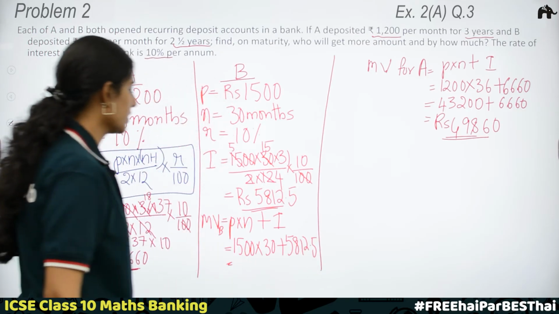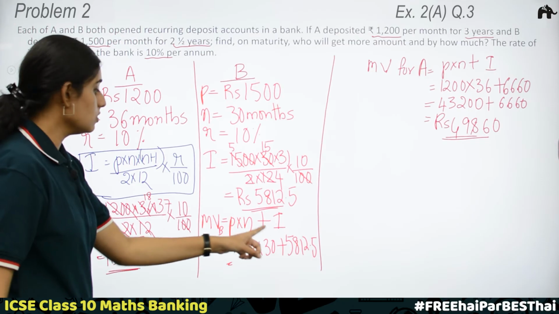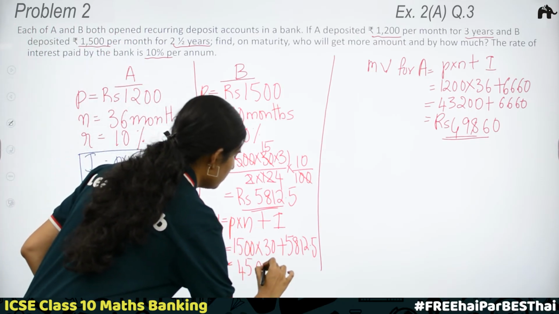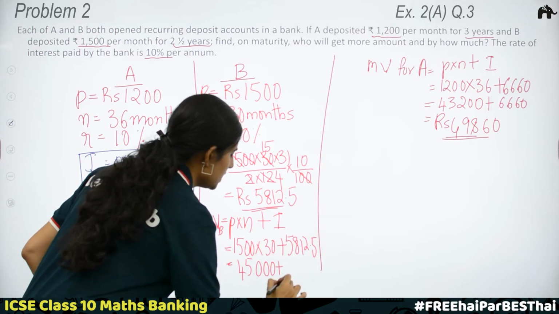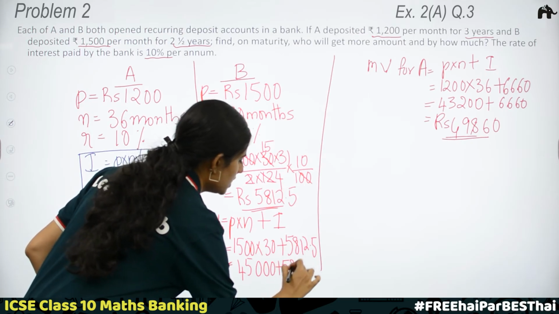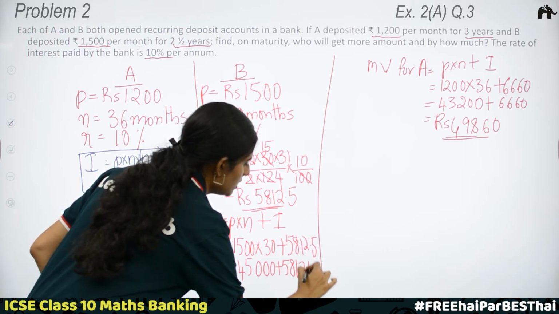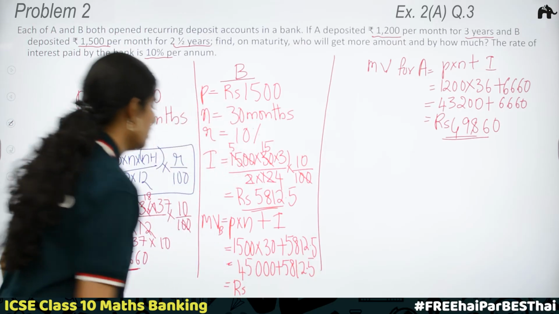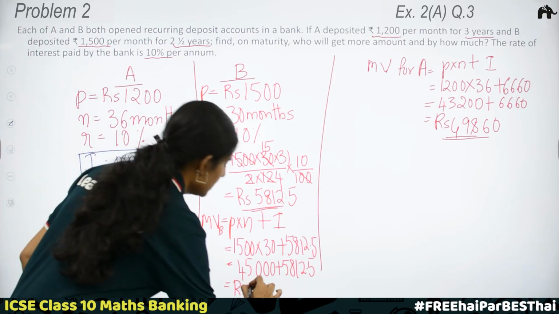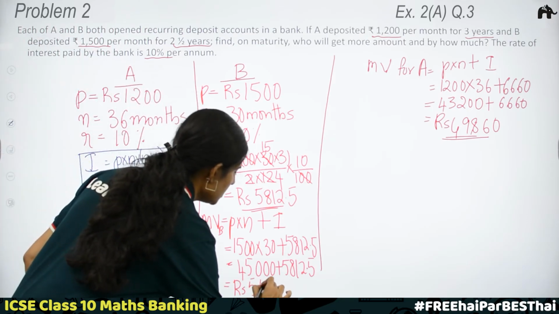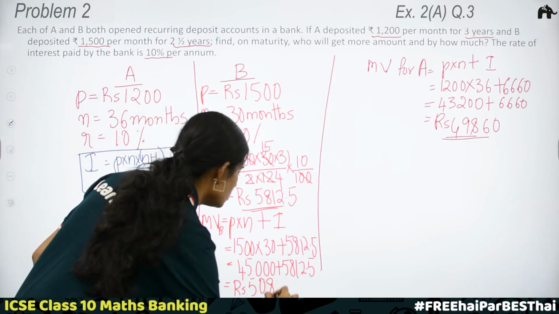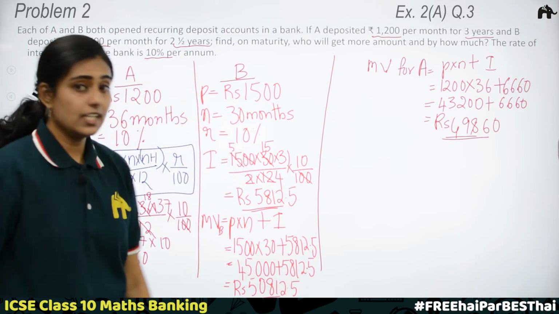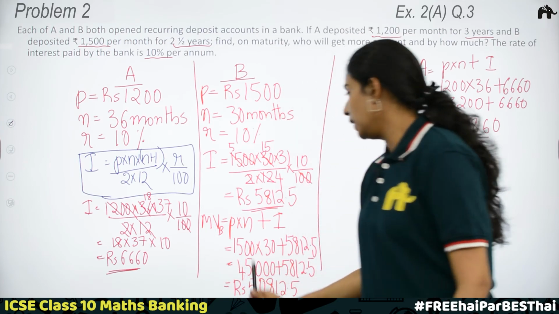Equal to 1,500 into 30, you will be getting 45,000 plus 5,812.5, which is equal to rupees, on adding this, you will be getting 50,812.5. This is the maturity value in case of B.